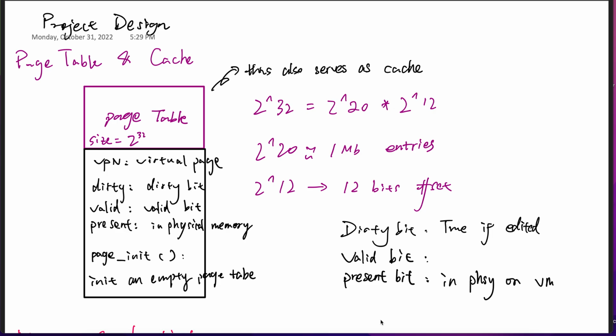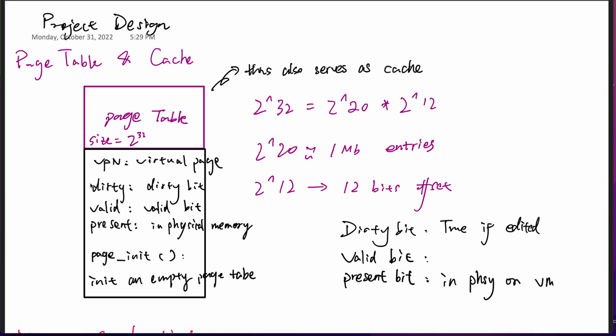So first of all, we need a page table and a cache, which should contain the virtual page number, also called the VPN here. In the design doc, we can see there's a class.